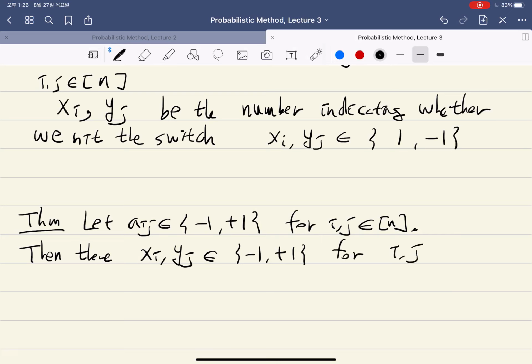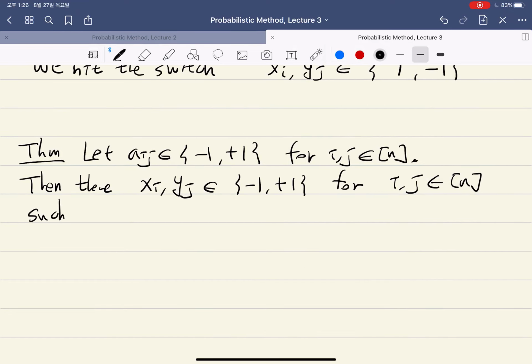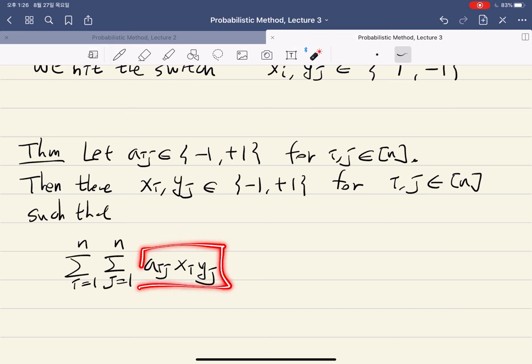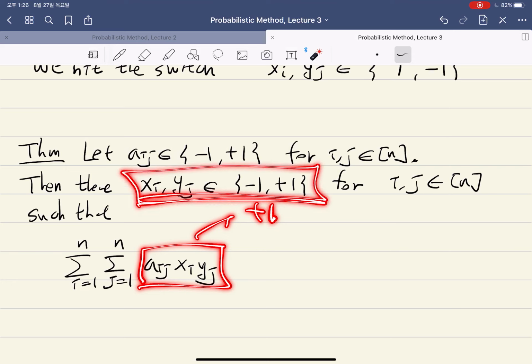So we can actually find x_i, y_j such that this number, the bulb at the ij position, is 1 if it is on after applying this, and negative 1 if it is off.